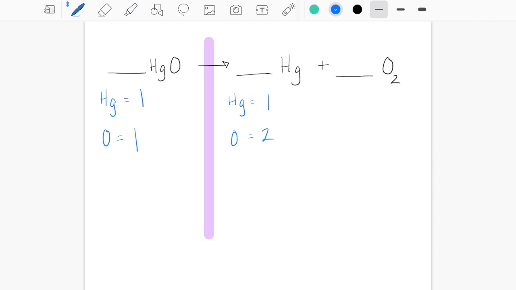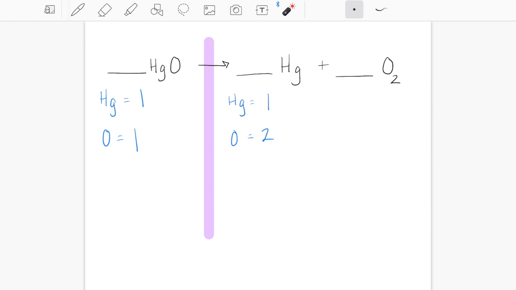So you can see that we are not balanced, because here I have 1 oxygen, and on this side I have 2. According to our law of conservation of matter, we have to have the same amount of each atom on both sides of reactants and products.